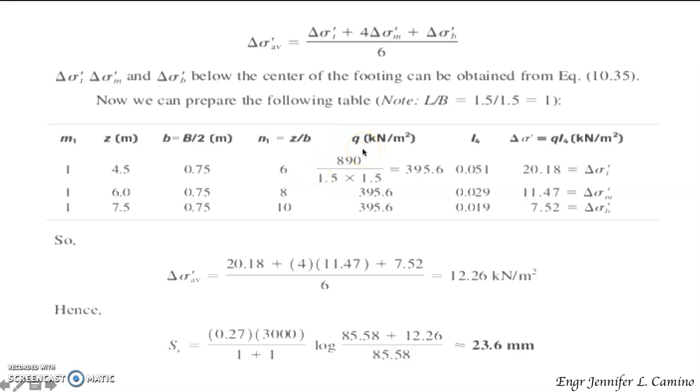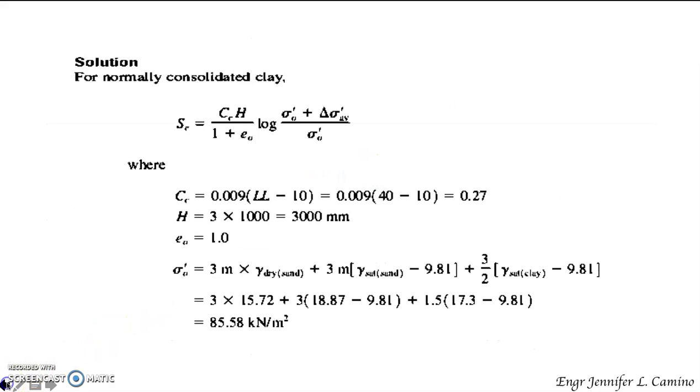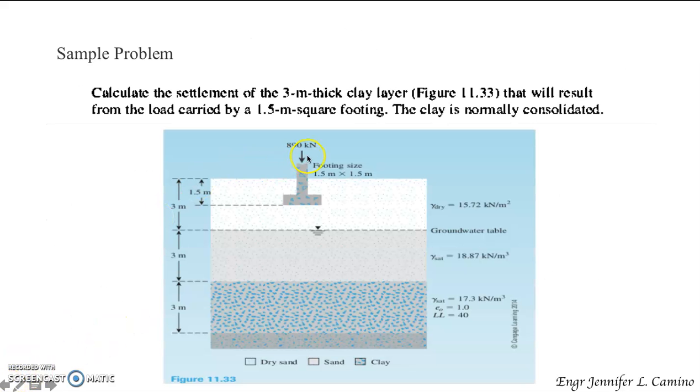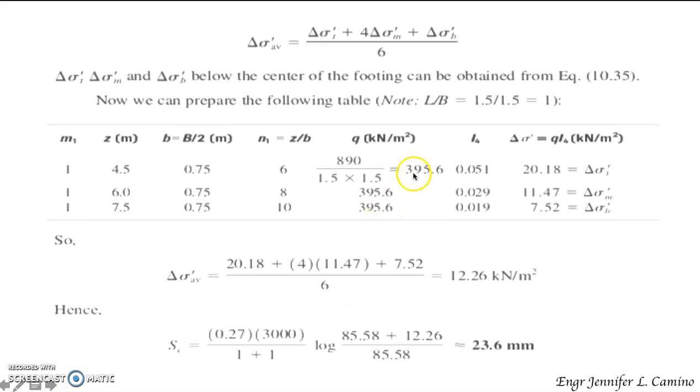Our q is 890 over 1.5 by 1.5. So we divide 890 by 1.5 by 1.5, and the result is equivalent to 395.6.